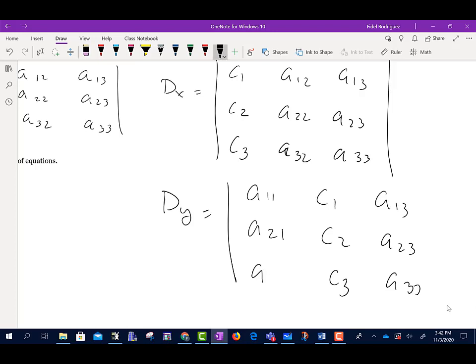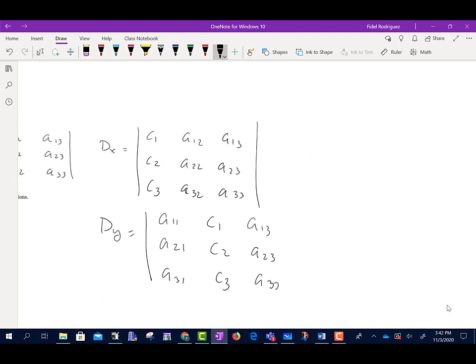Then we're going to have one more, the dz. This is why I said I'm only giving you one like this, okay? So what am I going to do? A11, A21, A31, A12, A22, A32, and then the last spot here is going to have my C1, C2, C3, okay?